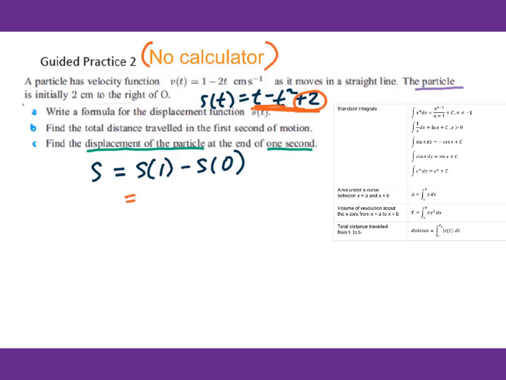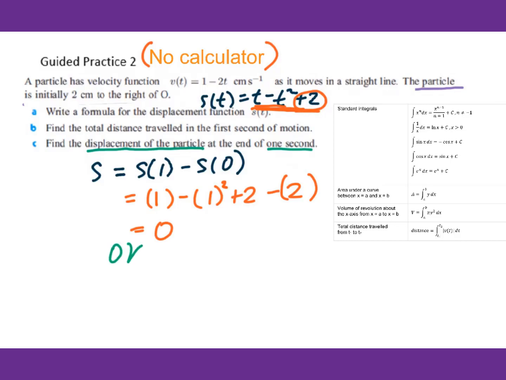So I get 1 minus 1 squared plus 2. Then when you plug in 0, you will get 2. So then minus 2. You will get 0. This is one way to do that.